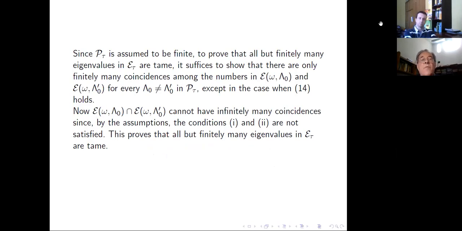But for compact symmetric spaces of rank 1, the union is finite. And then if we don't have those coincidences, then we are in the condition that 1 and 2 are not satisfied, and then all but finitely many eigenvalues are tame.